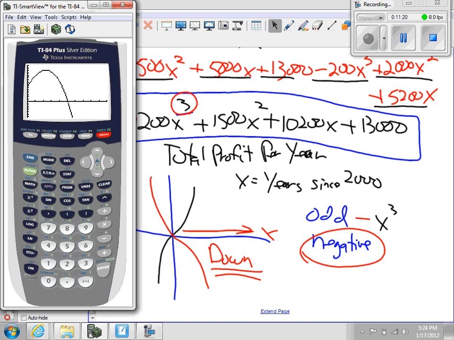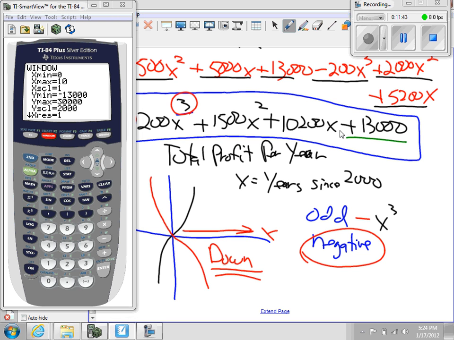Just so you know, I had to do a lot of fiddling with the windows on that. I knew that I couldn't have negative years from 2000, so I could start my x min at 0, and I took my x max out 10 years, even though they were only asking for 5. And then my y minimum, I just made a negative 13,000 because this was a positive 13,000.